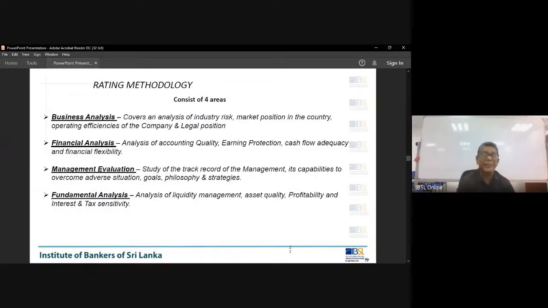The rating looks at different areas. They look at four areas before rating: the business analysis, the financial analysis, management evaluation, and the fundamental analysis. Now, this is for an organization, but the same principle applies for a country.